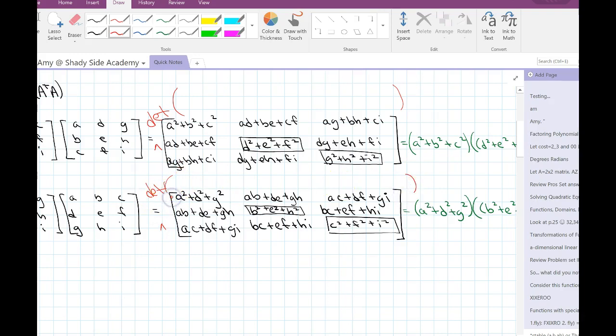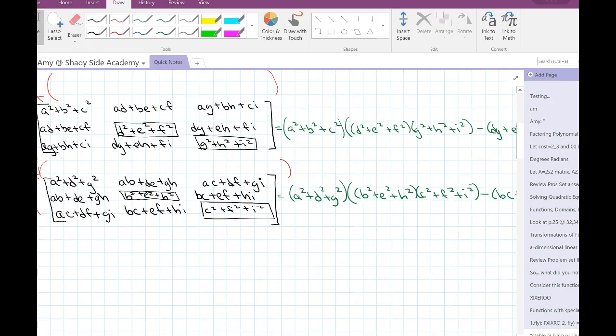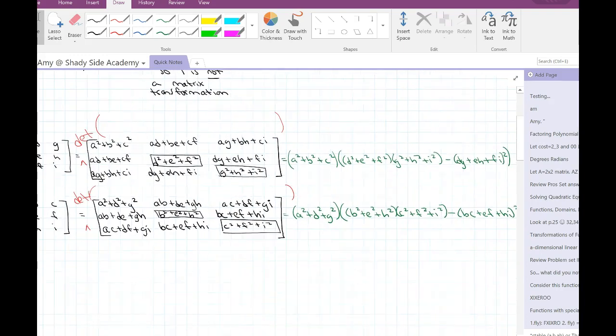All right, so look at the green. I'm going to shrink this down a little bit. There we go.